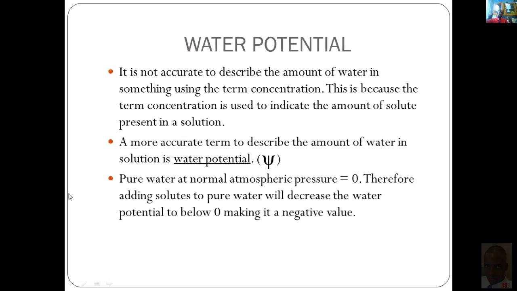See? So if you have a container of pure water, then once you add solutes, whether it be salt, sugar, sucrose, starch, anything you add to it will decrease the water potential and make it negative. So when you add water, you increase water potential, and then you go to the highest, which is pure water, equals 0. Hope you get that.